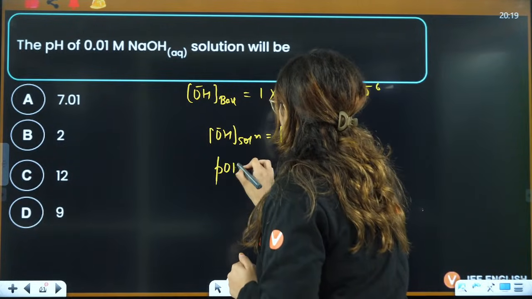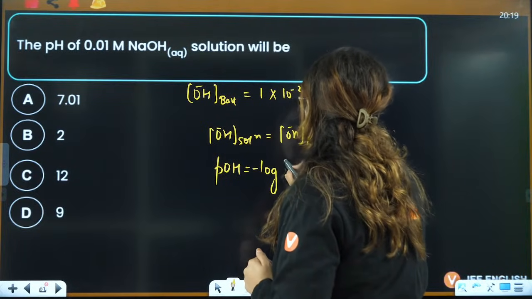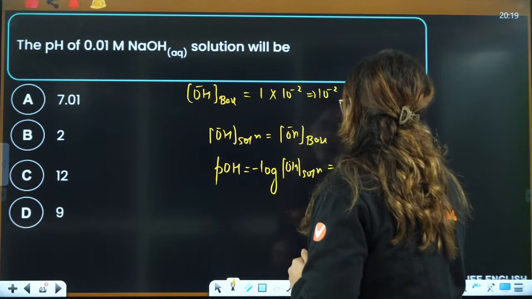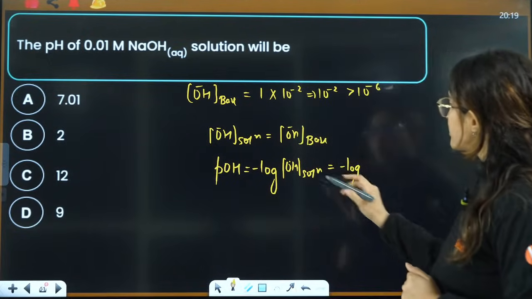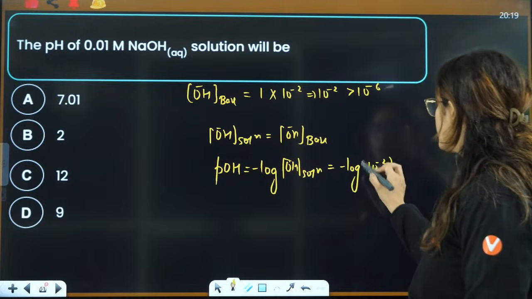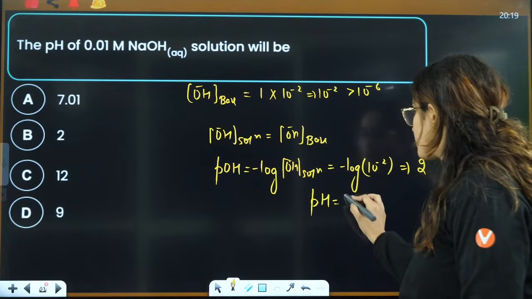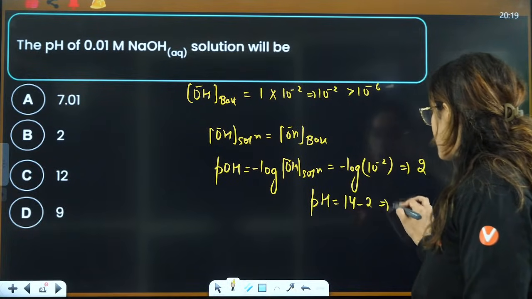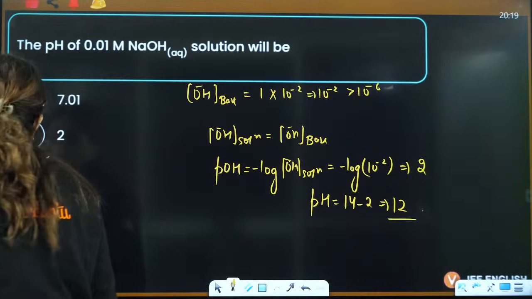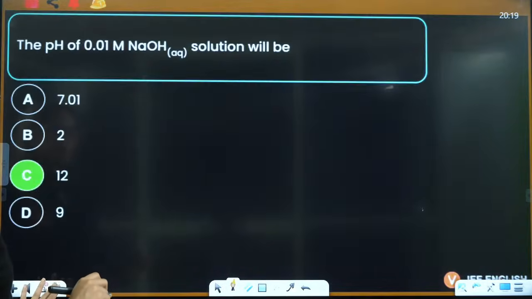So pOH is equal to minus log of OH negative of solution, that is 10 raised to the power minus 2, so pOH is 2. So pH is going to be 14 minus 2, that is 12. So C is the correct answer here, okay? Got it?